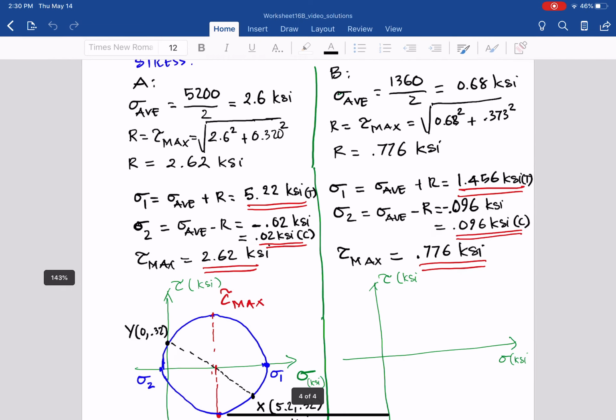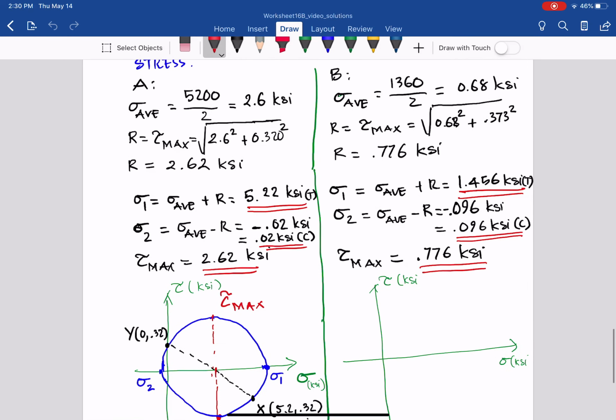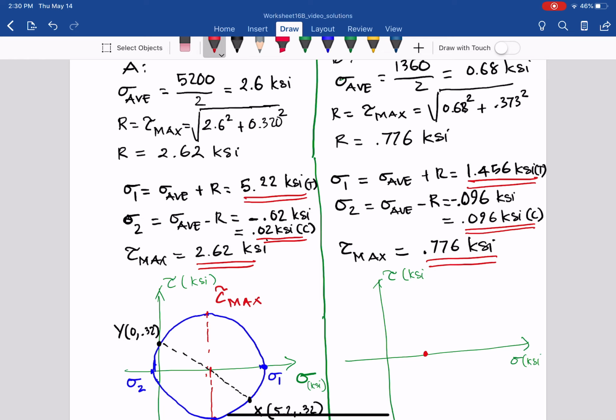Sigma average 1.68, and the radius 0.776, and sigma 1. This is sigma 1 and this is sigma 2. Tau max equals the radius, and that is 0.776.